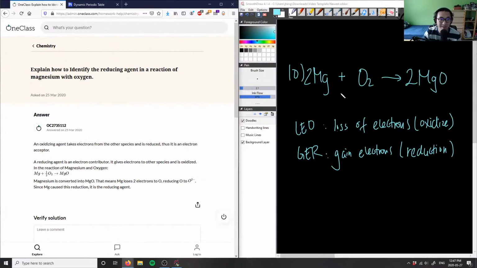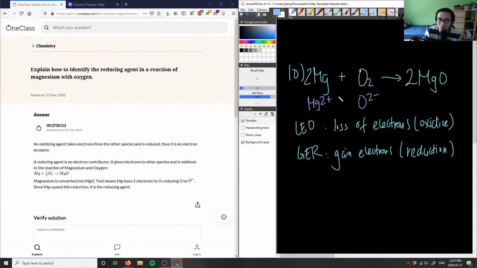So in this case, magnesium is converted to MgO, right? So I have Mg2+ here, and I'm losing these electrons to oxygen, because oxygen is 2 minus.